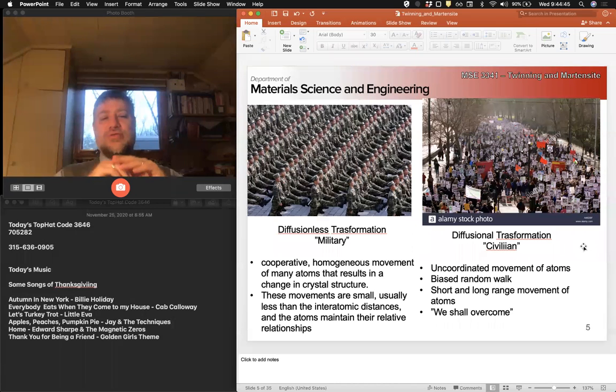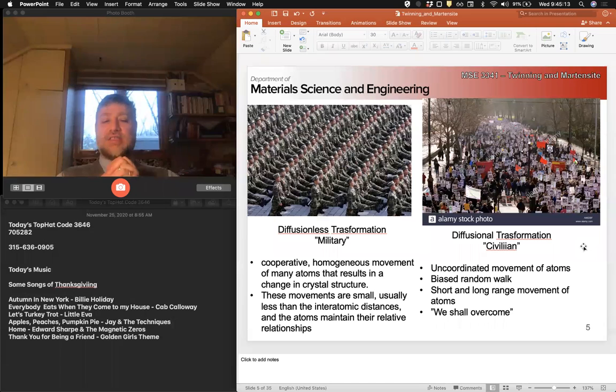Compare that to the diffusional transformation, which is often referred to as a civilian transformation, right? For those of you who took part in protests this summer and fall, you know that it's an uncoordinated movement of people, of atoms.